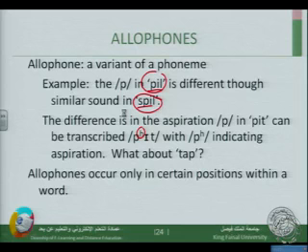Pit, pill, pit. But spill, spill is not like pill, people.